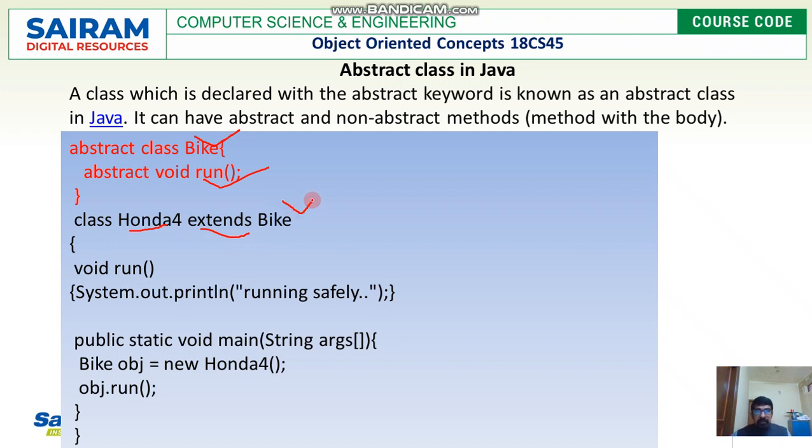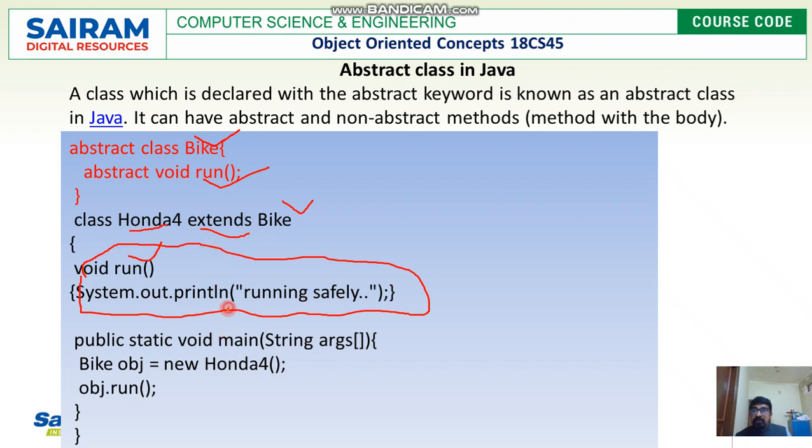Please remember it. So first we are starting with an abstract class called Bike. There is a run method. This implementation is done inside the class. A class extends another class, and the other class is an abstract class.